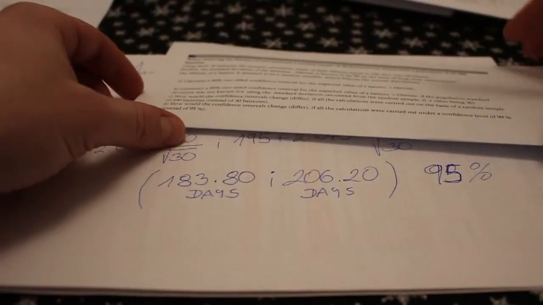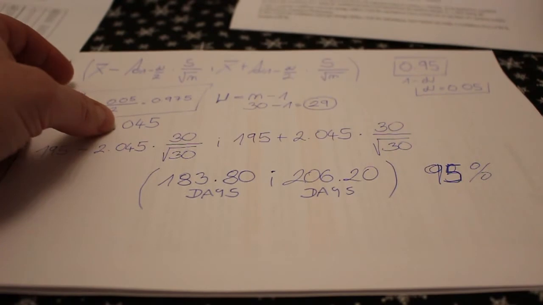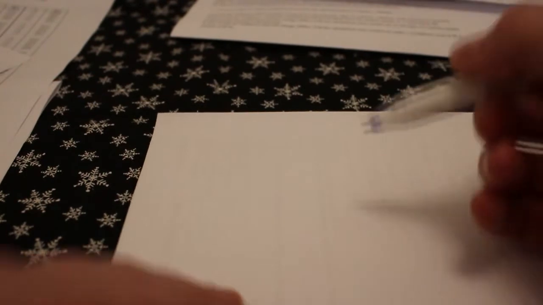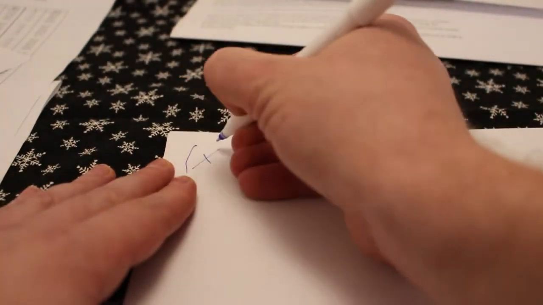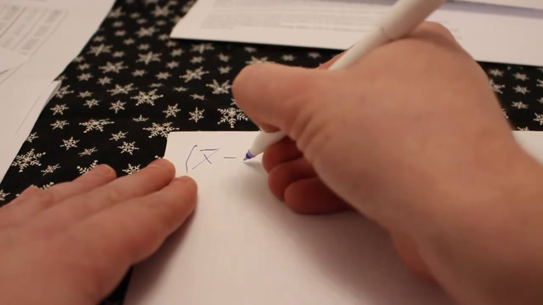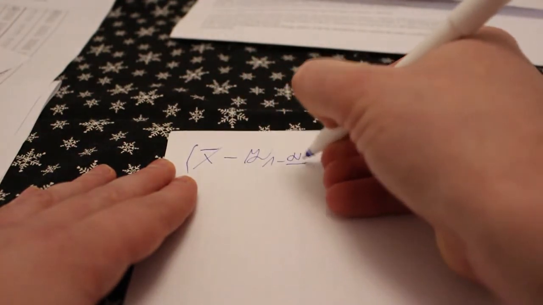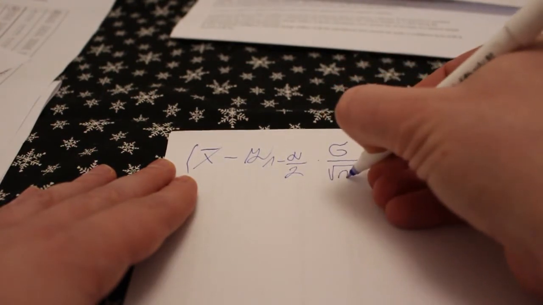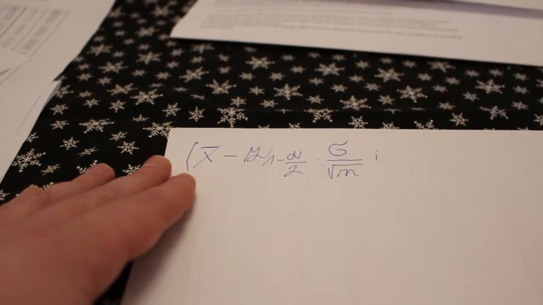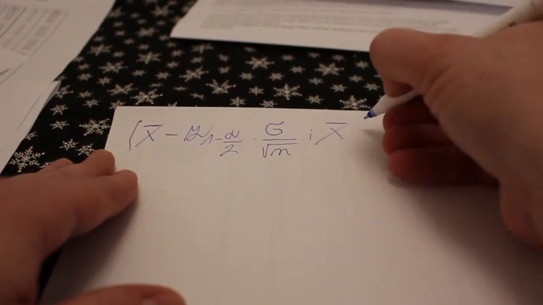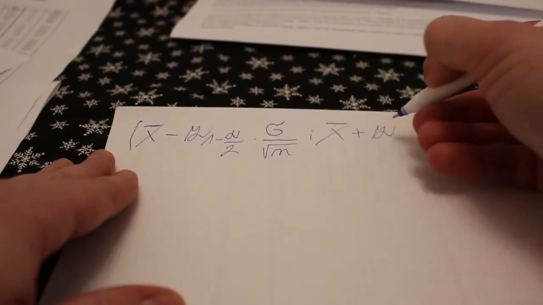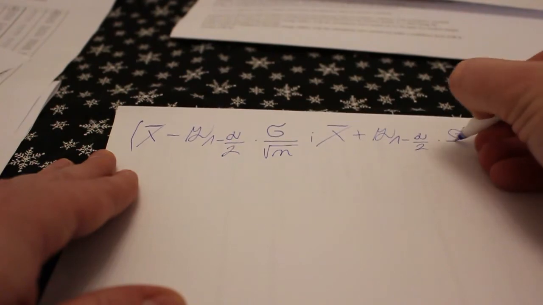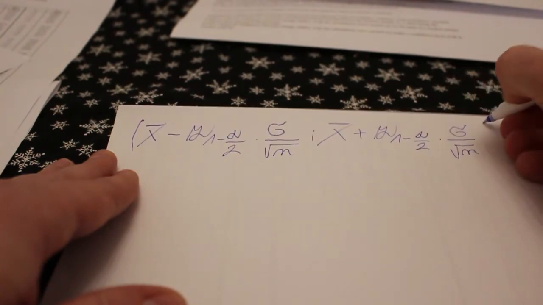So we will recalculate the confidence interval, this one. X with stripe minus z 1 minus alpha divided by 2 times sigma divided by square root of n, left side, and right side, x with stripe plus z 1 minus alpha divided by 2 times sigma divided by square root of n.